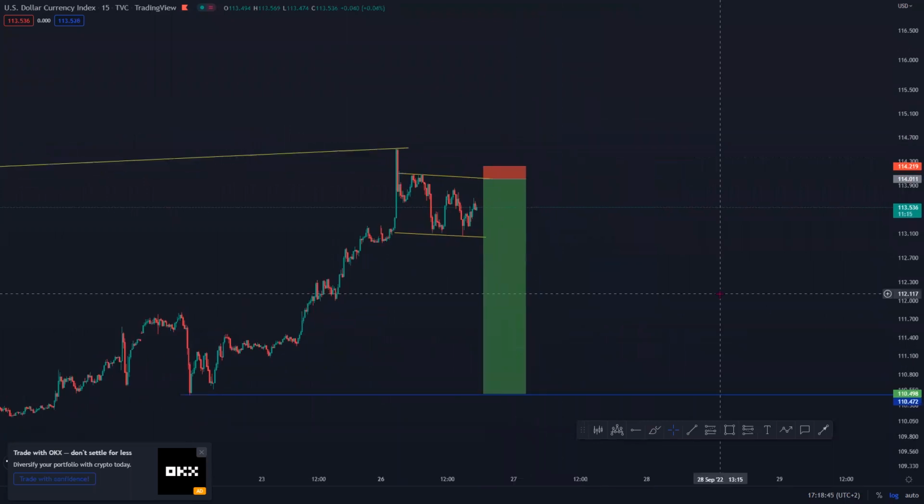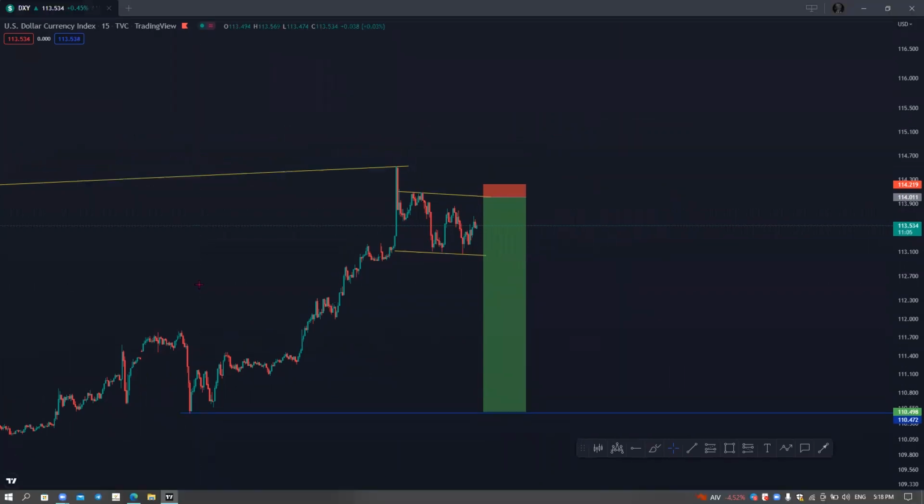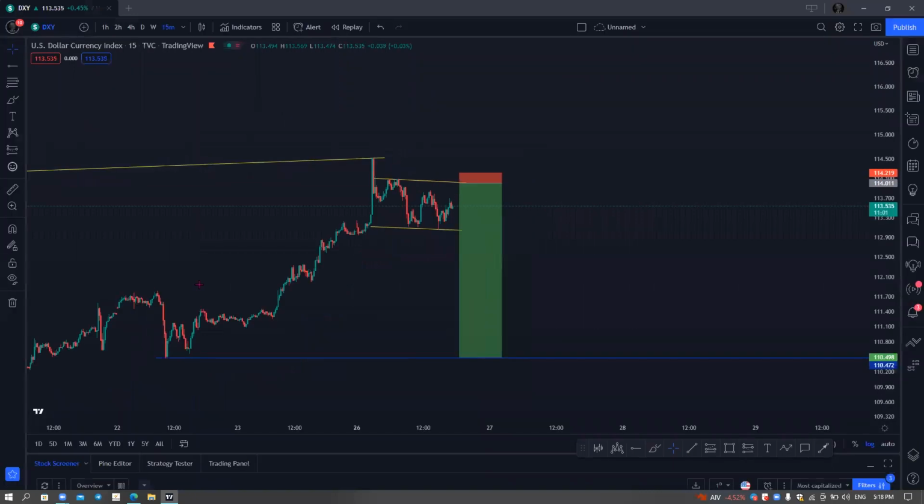So DXY might sell, meaning we are not sure, it might sell. So now I'm going to expect a sell on USDCAD, a buy on EURUSD, and another sell on USDZAR.